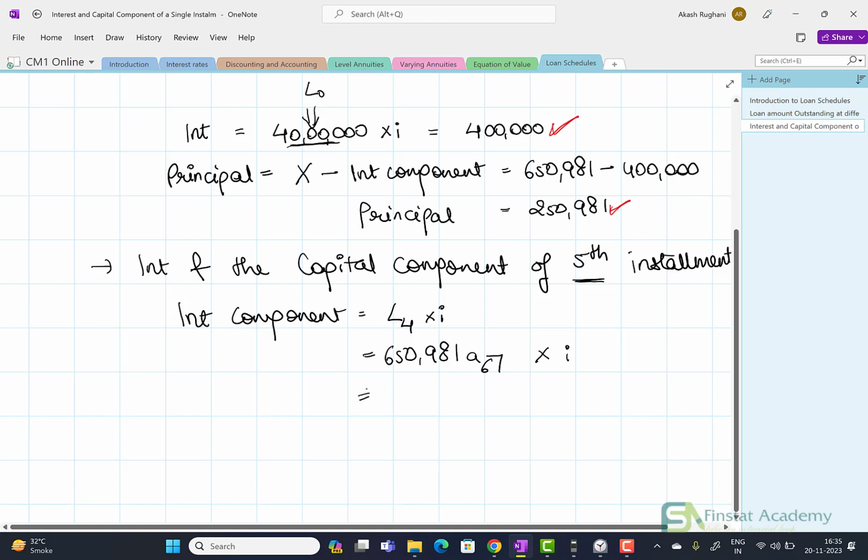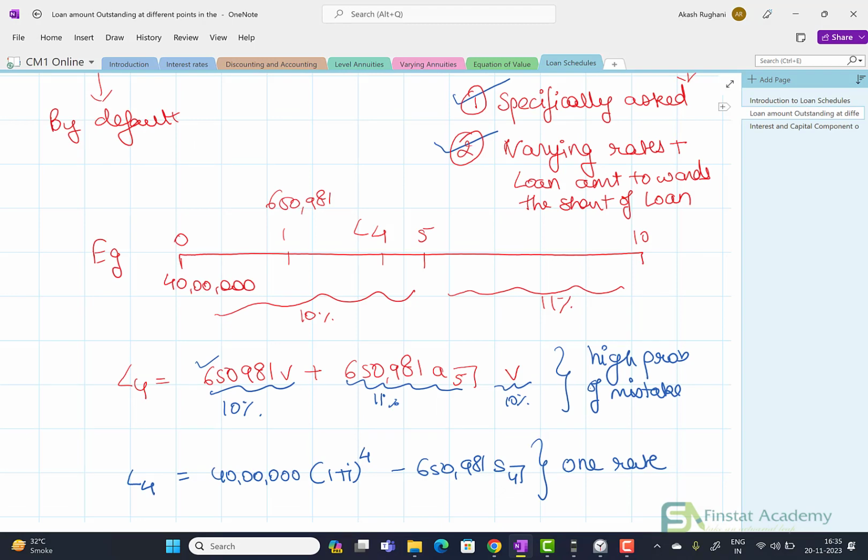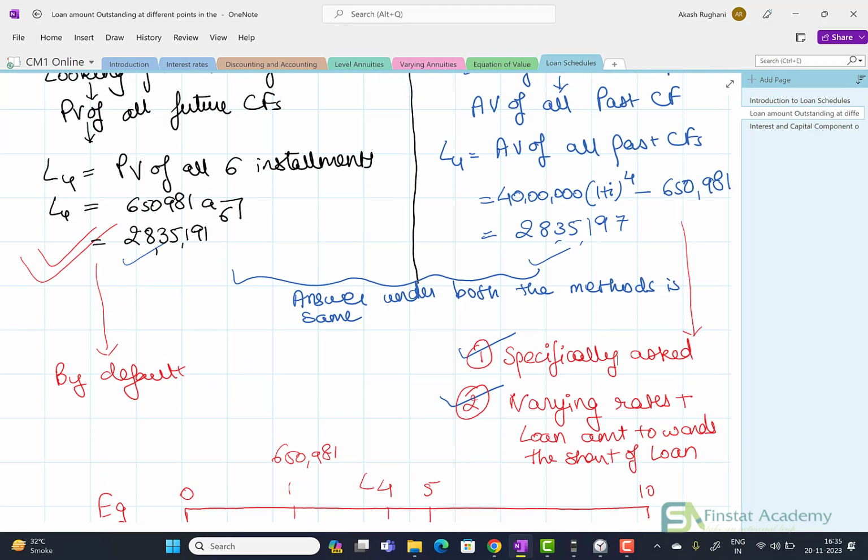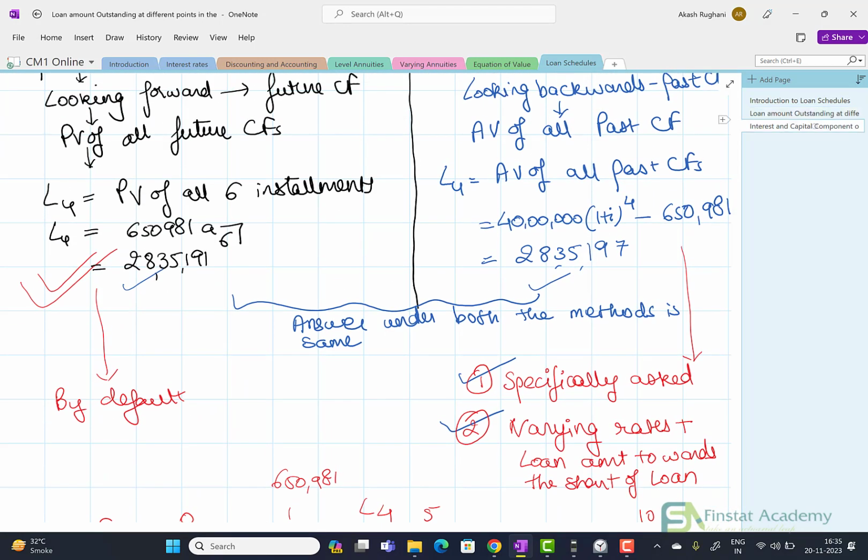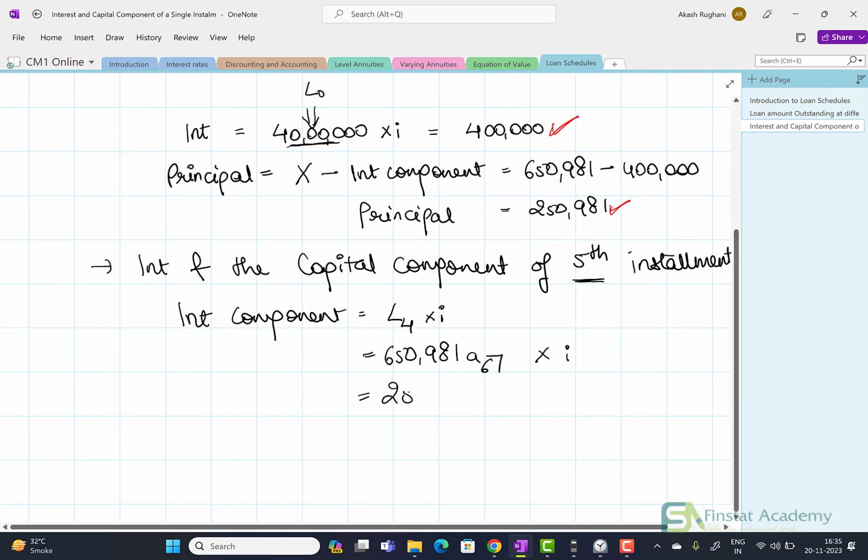We just calculated this as an example. We got 28,35,191. So 28,35,191 into 10%, this becomes 2,83,519.